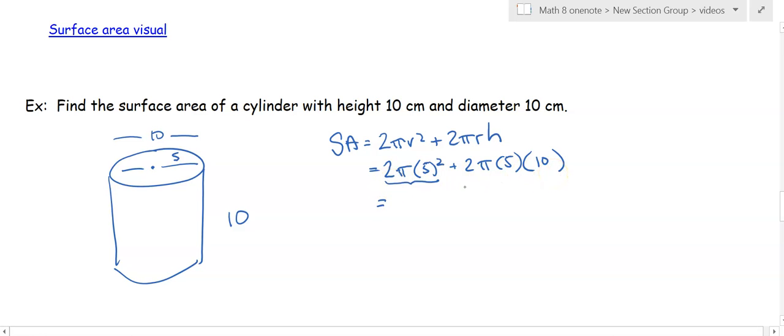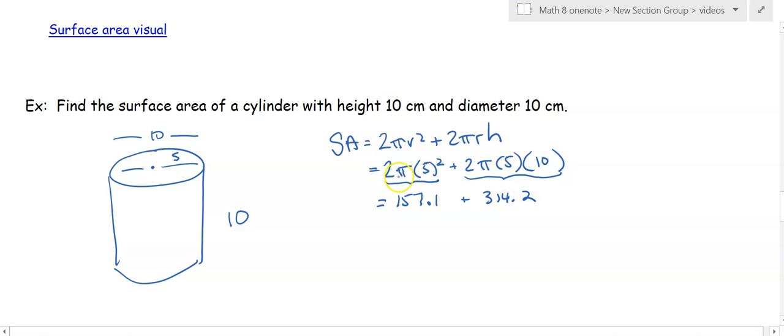So, order of operations, I have to do all the multiplication before I can add. So I'm going to do 5 squared multiplied by 2 pi and get 157.1. And I'm going to do 2 times pi times 5 times 10, and I'm going to get 314.2 approximately.